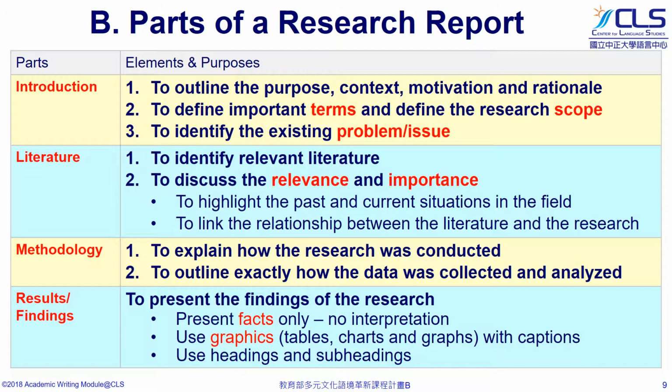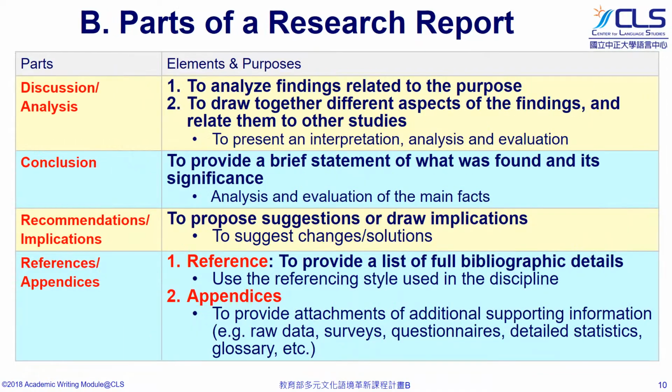Methodology explains data collection and analysis, while results or findings present the research findings with facts by using graphic forms. In discussion or analysis, we analyze findings related to the purpose and draw together different aspects of the findings and relate them to other studies to present an interpretation, analysis, and evaluation.